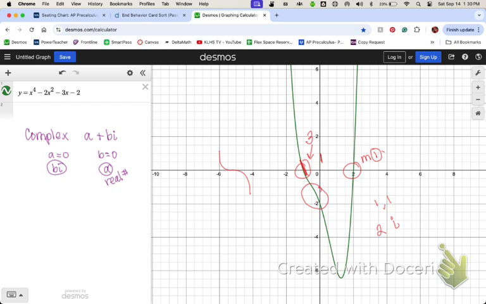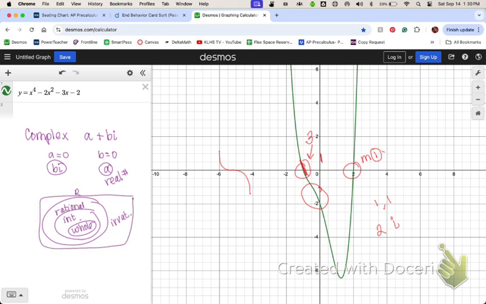So we've talked about integers, whole numbers, okay? Whole numbers, integers are more than that. If I add in fractions, I get rational numbers, okay? The irrational numbers are out here. And this whole box here is our real numbers.